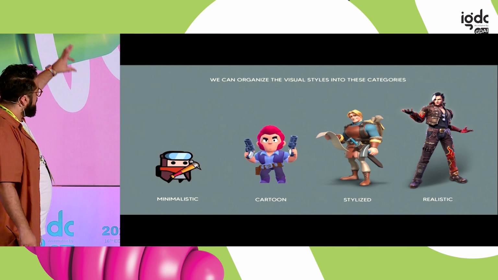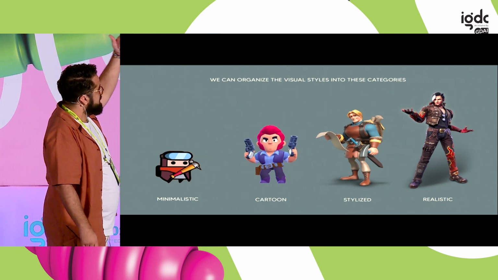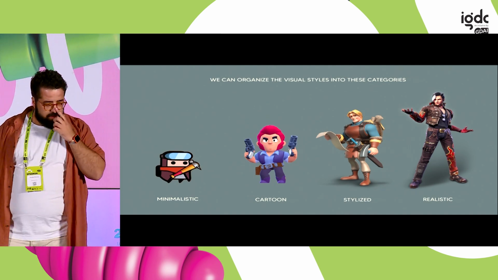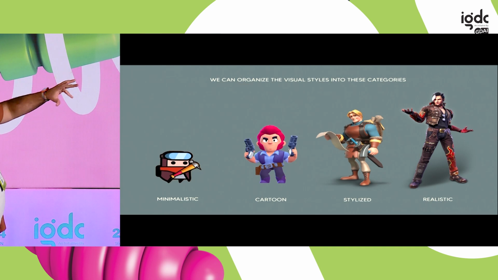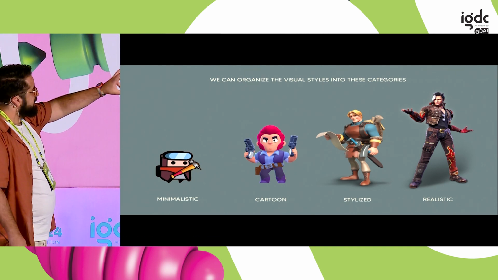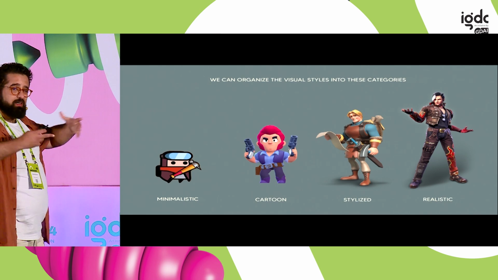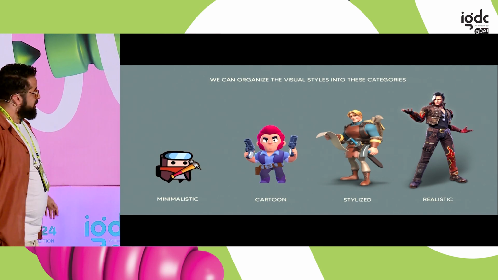So we have minimalism, cartoon, stylized, and realistic. We'll dive a little bit into each one of them. But here we can have a really clear idea of the wide options that we have in the market.